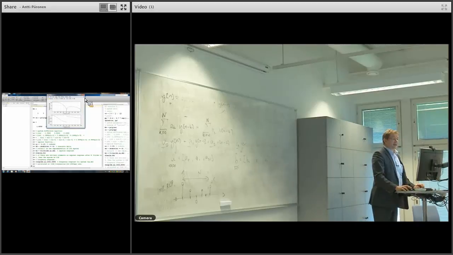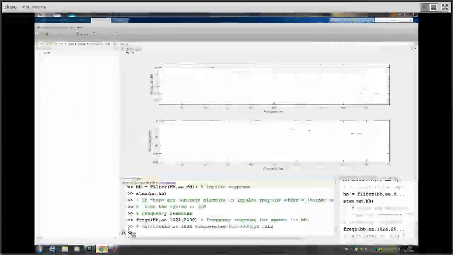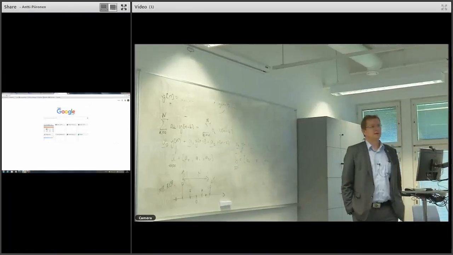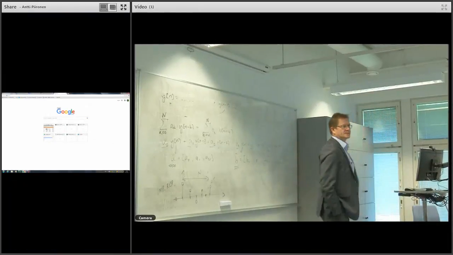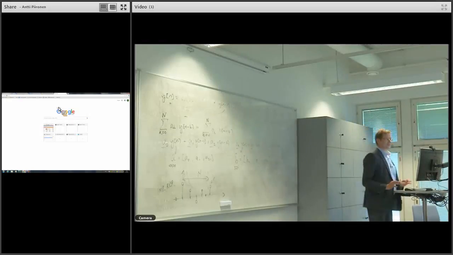Okay, let's take care of the group delay first. And now I need to Google a little bit, since I don't remember if there is a function for group delay in MATLAB. I think there is. There's even a function to calculate the signal-to-noise ratio for a system, but that's for you to find out.